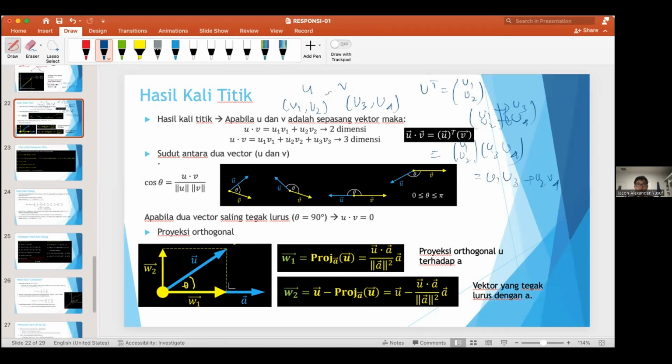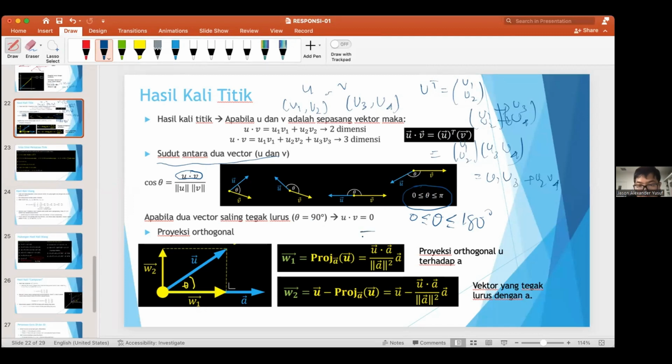And the next formula that you should know is to find the angle between two vectors that intersect each other. So basically, to get this angle theta, you have to find the dot product of the two vectors divided by the product of the lengths of each of the vectors. Also bear in mind that this applies where the angle theta must be between 0 and 180 degrees, or 0 and pi radians.